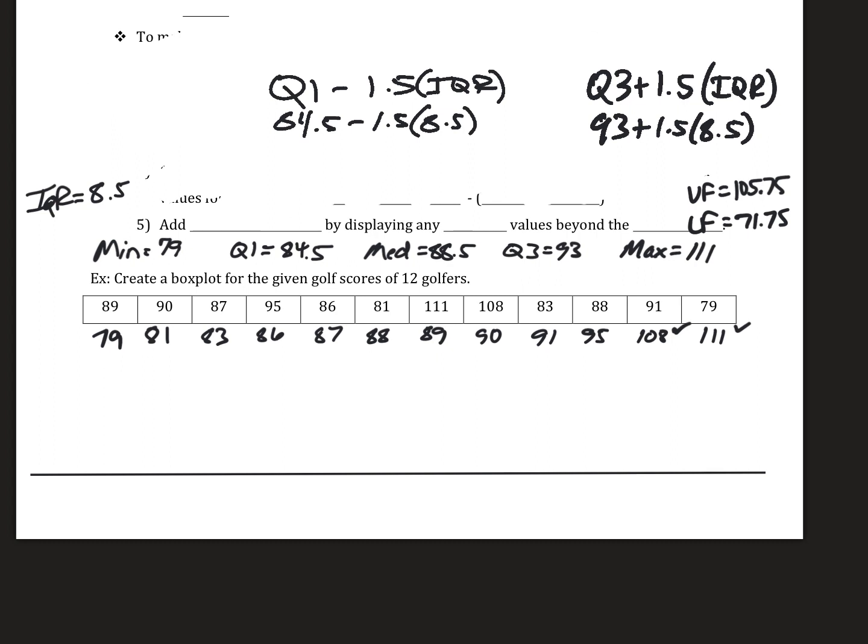All right, so I'm going to make this number line. I'm going to probably go on my number line a little bit below my minimum and above my maximum. Okay, so as I start here, I'll probably start at 75 if I wanted to, and actually 71, so I'll probably start at 70.